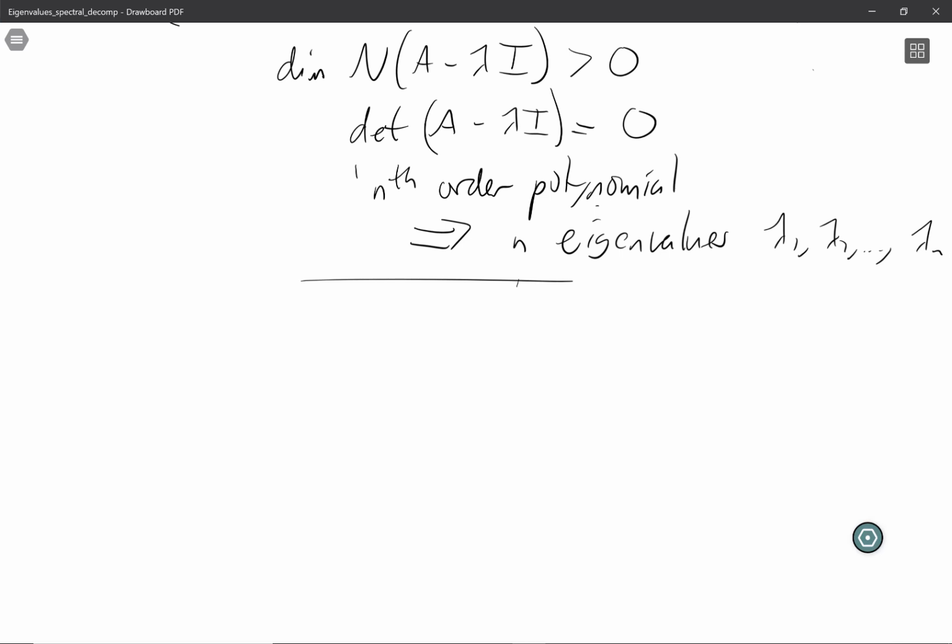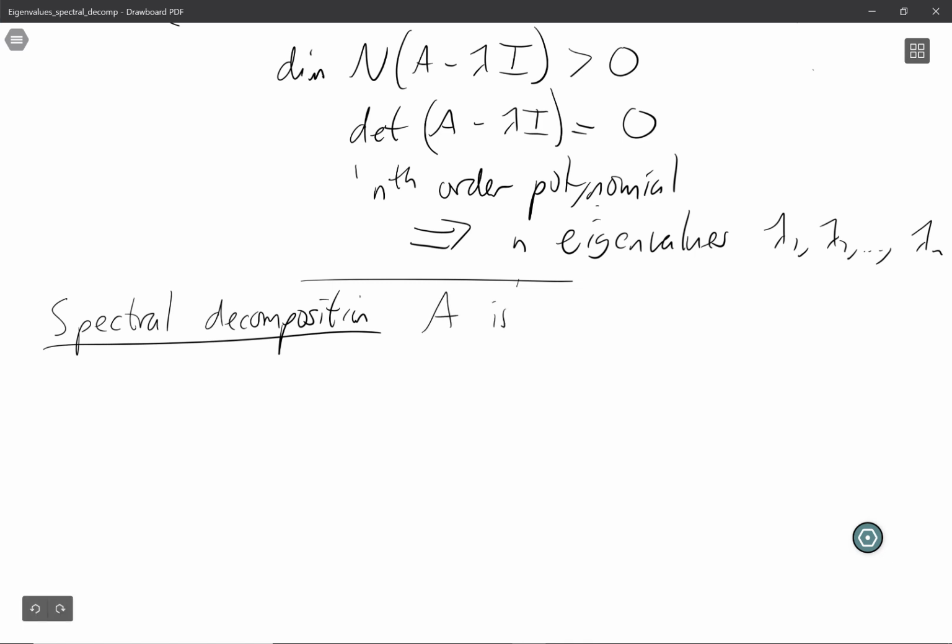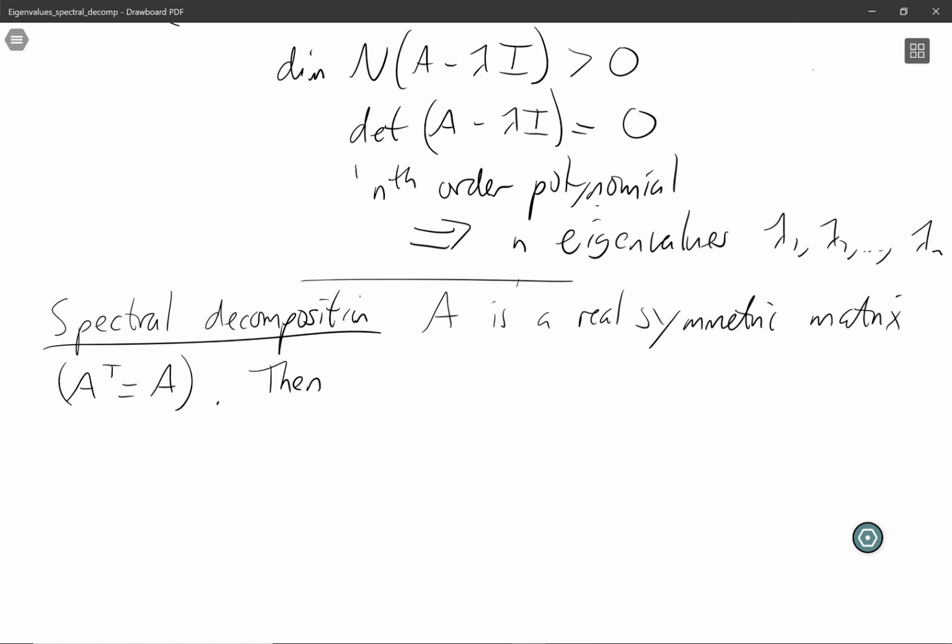This leads us to the idea of the spectral decomposition of a matrix. Let's suppose A is a real symmetric matrix. What does symmetric mean? It means that A transposed equals A. If A is real symmetric, then the eigenvalues of A are real, and we can diagonalize the matrix.